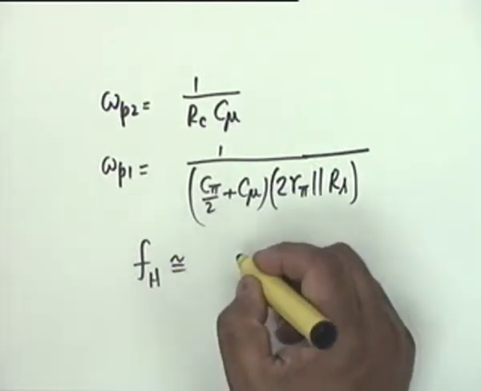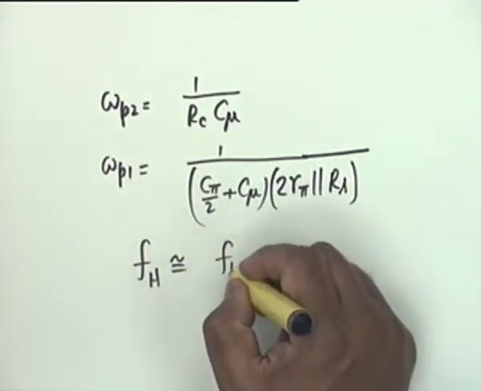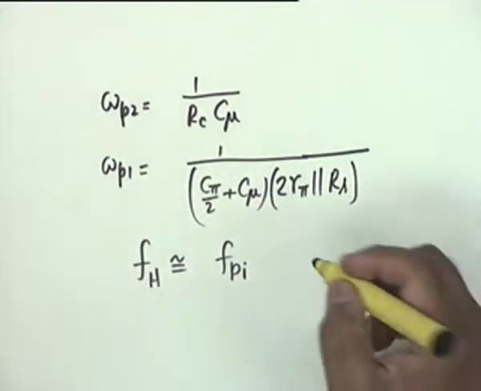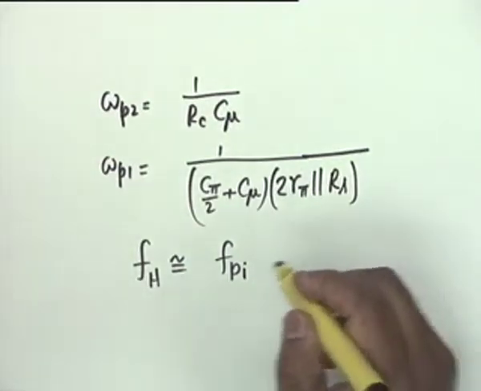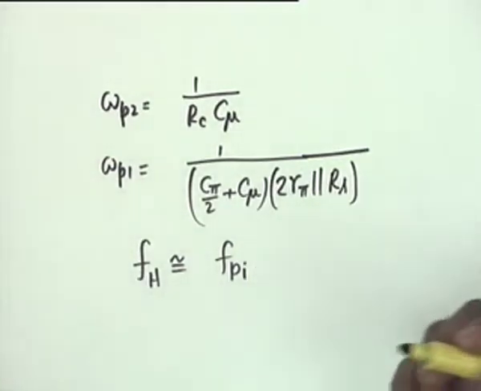That is, FH will be approximately equal to FPI, where FPI is the dominating frequency. It is either FP1 or FP2, depending on whichever is 3 times greater.